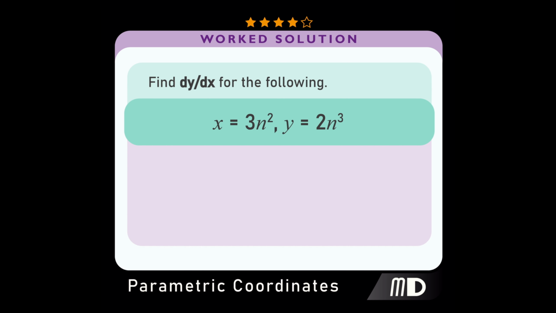In other words, we multiply the original power by the coefficient of x and reduce the power of x by 1.